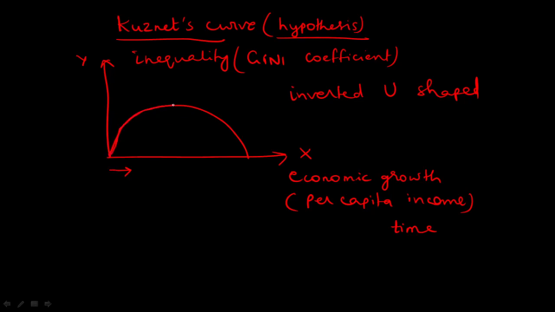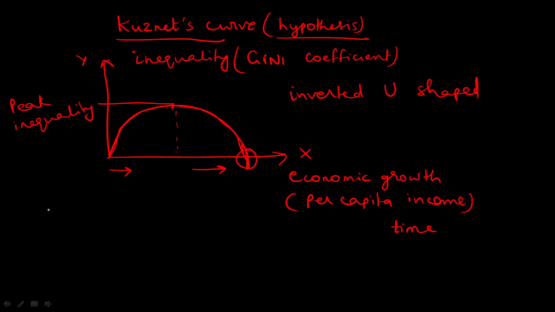At one point, it reaches peak inequality, and after reaching here, with further economic growth or with further increase in per capita income, economic inequality will then decrease. So finally, when economic growth has reached its maximum potential, inequality will become zero.